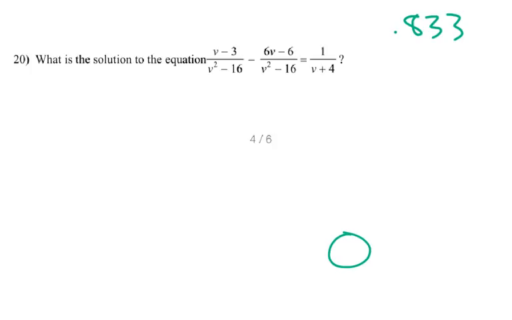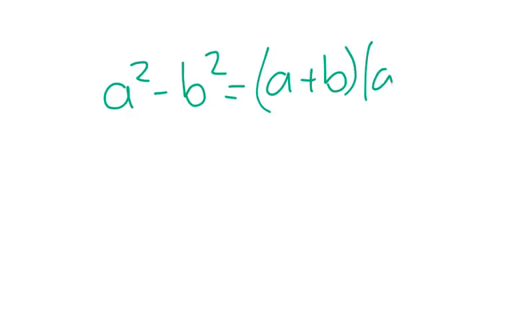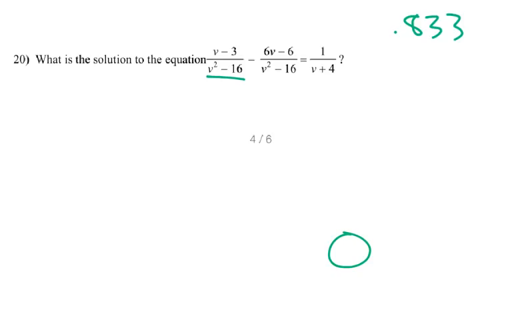Okay, so common denominator, I got v squared minus 16. Now if you remember from those notes we have, which I don't have on this slide, if it's a squared minus b squared, we get a plus b times a minus b, one of those identities. Okay, so here v squared minus 16 is like v squared minus 4 squared.